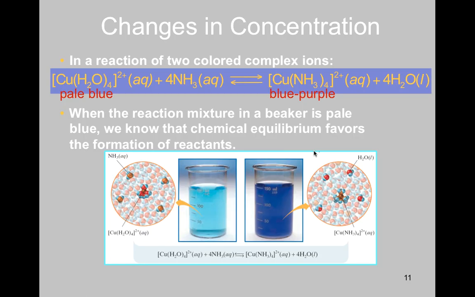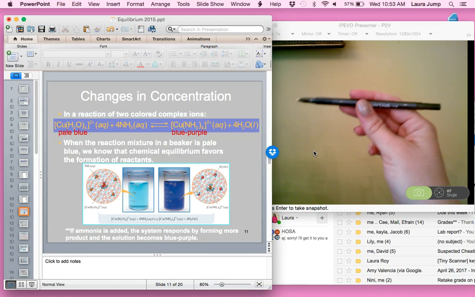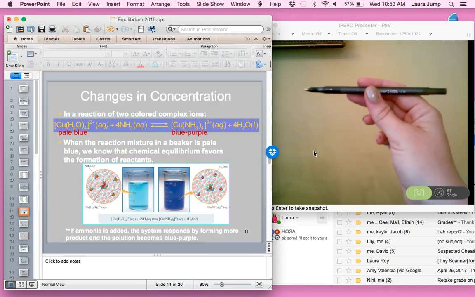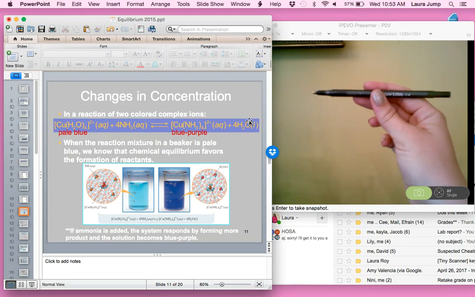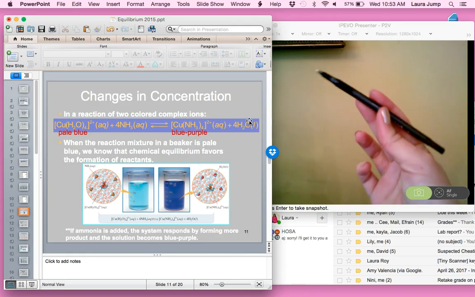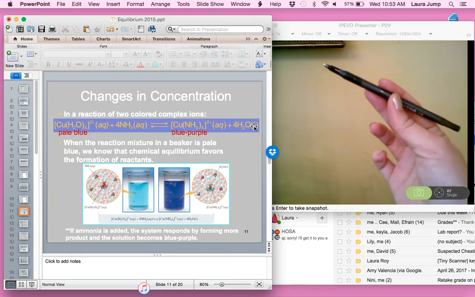So here, actually, let's go back to the document camera and do some practice. Looking at this reaction, if we add more water, which is right here, what is going to happen? Well, you might want to say, oh, it's going to get heavier on this side, but there's one thing you probably missed, and that's that this is a liquid.